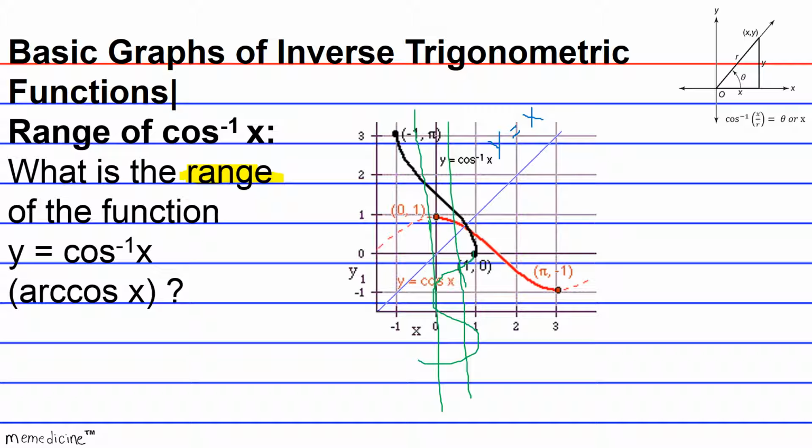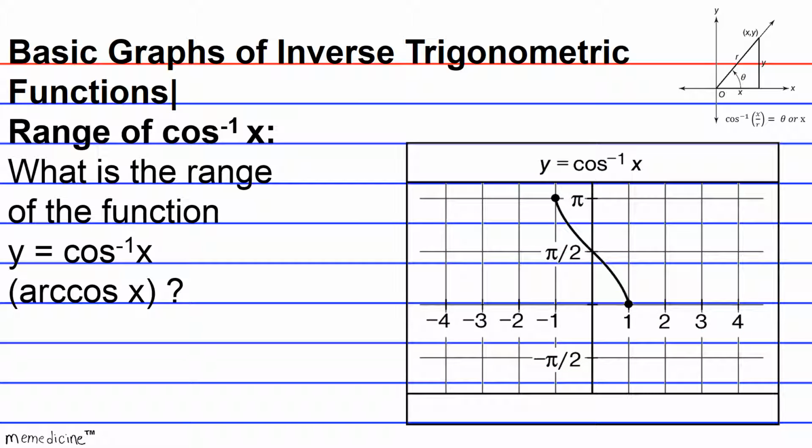Things are getting a little messy. Oh yeah, and if you want radians, I don't have it depicted here, but I'm gonna take all this extra stuff off for you because it gets a little confusing, and let's neaten things up a little bit, okay? So here we have a neat version of y equals the inverse cosine of x, and again we see that our range is from 0 radians to pi radians.